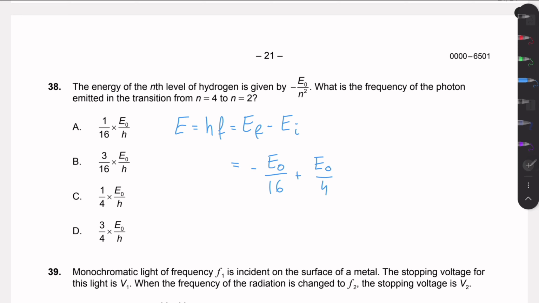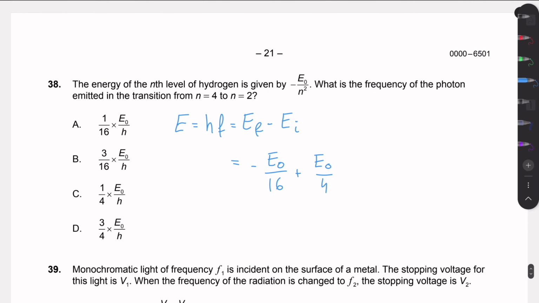We can look at it the other way. So n equals 4 is the final and n equals 2 is the starting. That will just be the change in energy, and this way we'll have the correct sign as well. We could have done it the other way as well. We just end up with the negative version of this. So we just add these two, we bring to a common denominator, so this will be like, what, 16 over 4, and so this will be 3 over 16 E0.